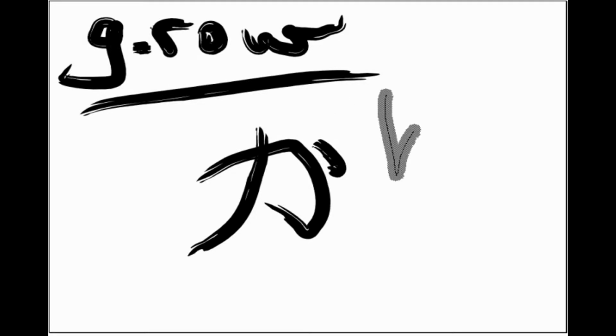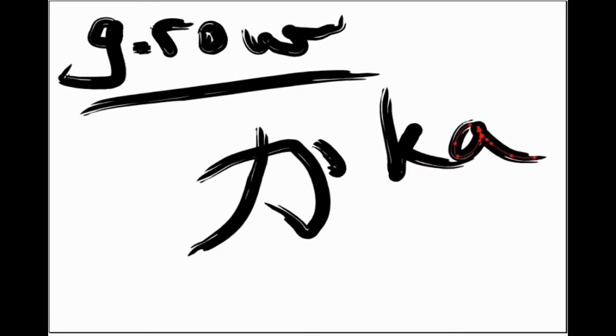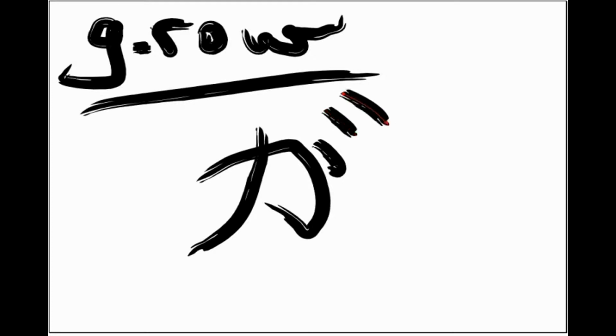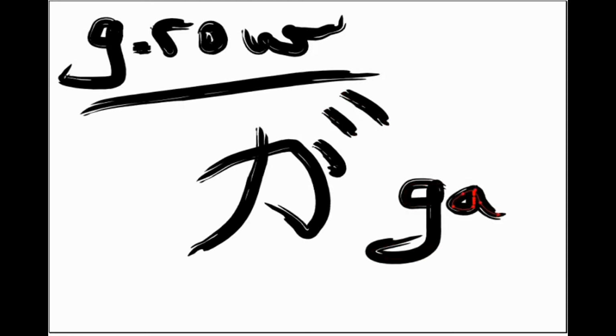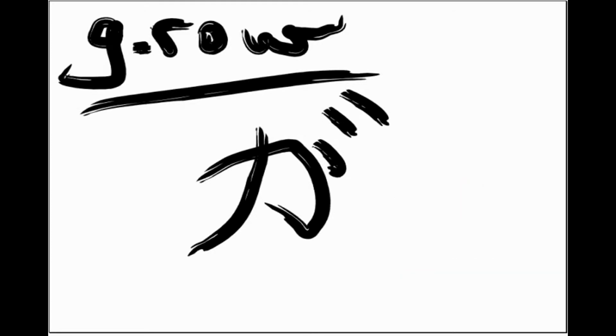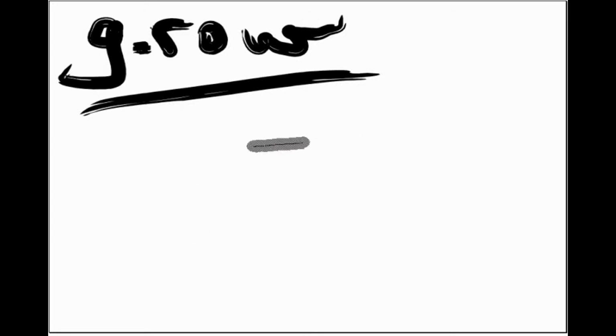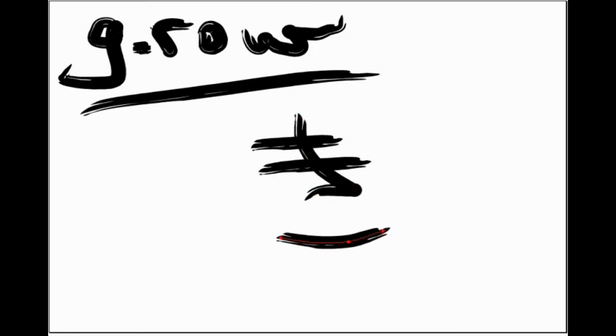To remind you, here's ka. That's ka. But here is ga. There's a difference. And we're going to do gi. Now, look. A ki.